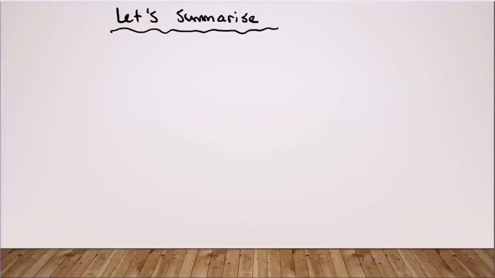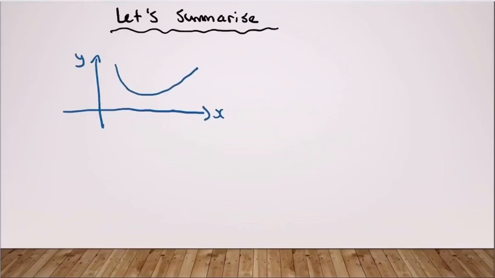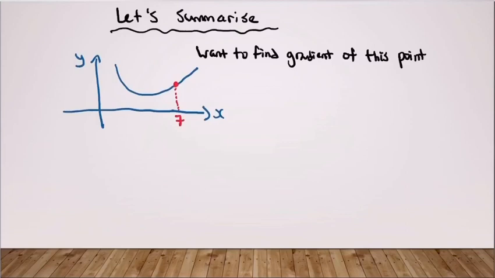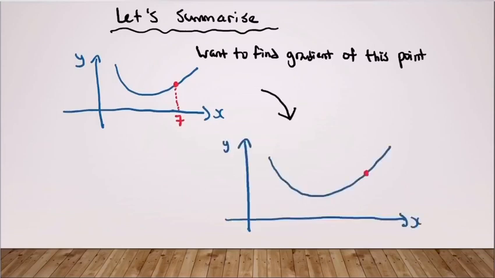So let's summarize. When you are given a curve, most of the time you will draw the curve first, and you are asked to find the gradient of this curve at a particular point. For example, the point here, and you want to find the gradient at this point. The first thing you do is draw the line.